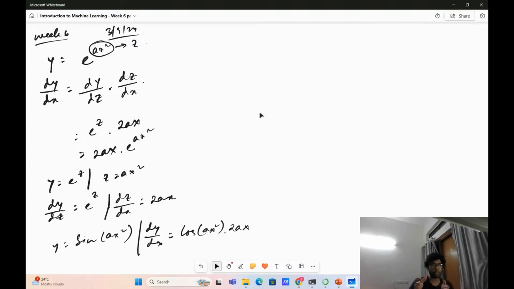You just go one by one, and that's why it is called chain rule. You first take the derivative of the outer function and multiply it with the derivative of the function within it. The derivative of sine is cos, then you go into the function within the sine, ax square, and take its derivative. That's the way to go.